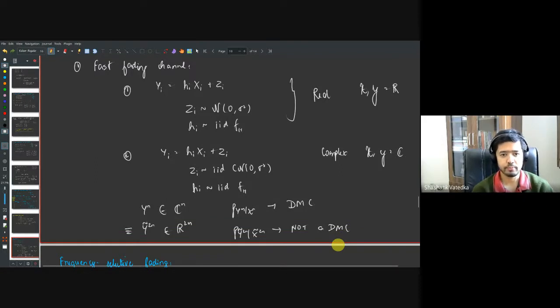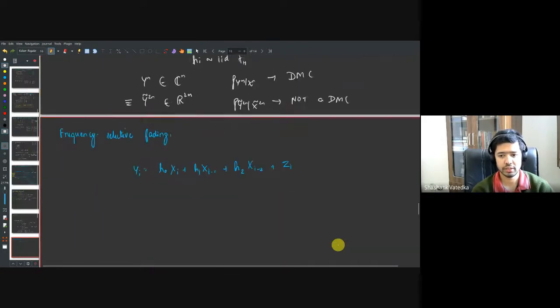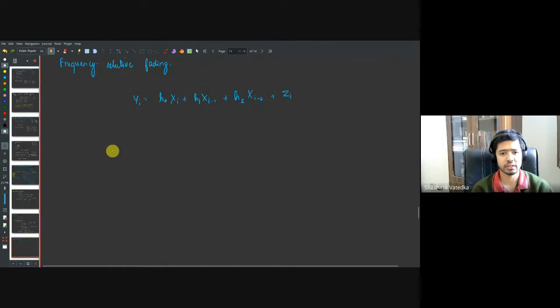Okay. So one last thing before we end this class. This can be extended to different kinds of fading models. The more general fading channel is that each y_i could depend not only on what is transmitted at the current time instant, but also on what is transmitted at the previous time instants before that.